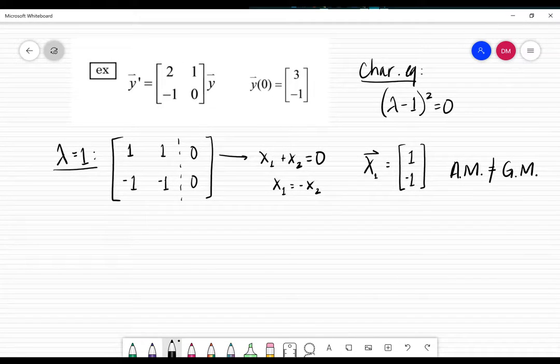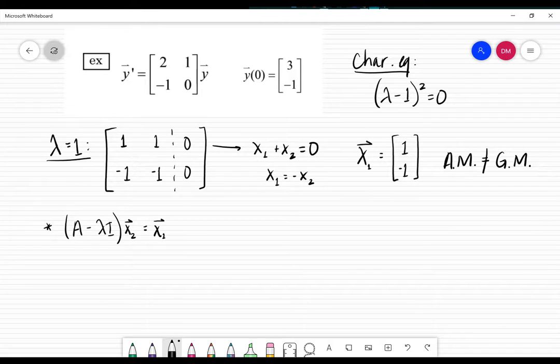So keep in mind what we do with that situation is that we take our A minus lambda identity, or in this case, we plug in our lambda value. And we found by deriving this in class, if I take A minus lambda identity times x2, which I want to solve for, that eigenvector, and I set it equal to what I just found for x1, that equation right there will at least help me find an independent eigenvector.